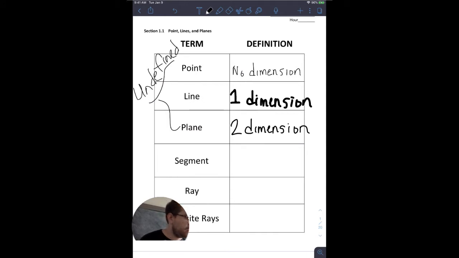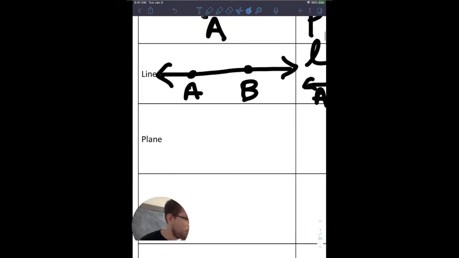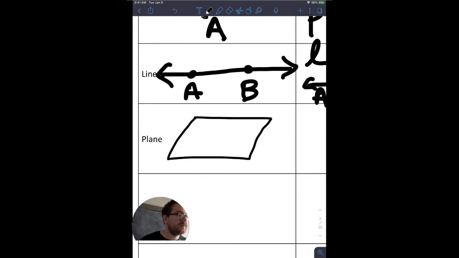So if we jump down to the drawing, it's represented by a shape that looks like this. And it also extends without end. So though we draw it with these edges here on the sides, it actually extends forever and ever in those two dimensions. And a plane is made up of 3 points that are not all on the same line.